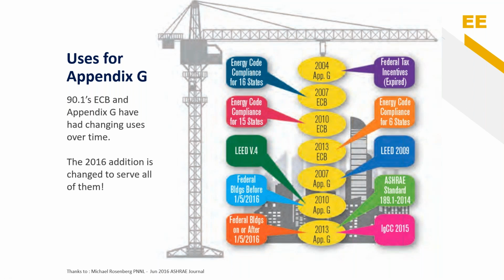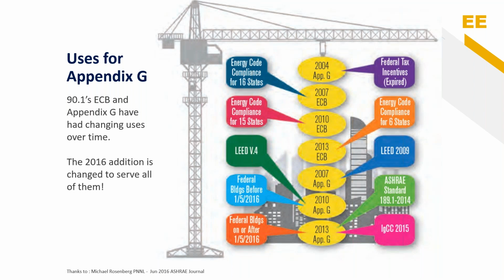The previous version of LEED was using 2007 Appendix G. 2013, which is what we'll talk about today, is used by several states for compliance. It's also used by several local cities for compliance. But you'll notice that previous versions, 2007 and 2010, are still being used locally in the United States as a compliance path to show compliance with energy code.